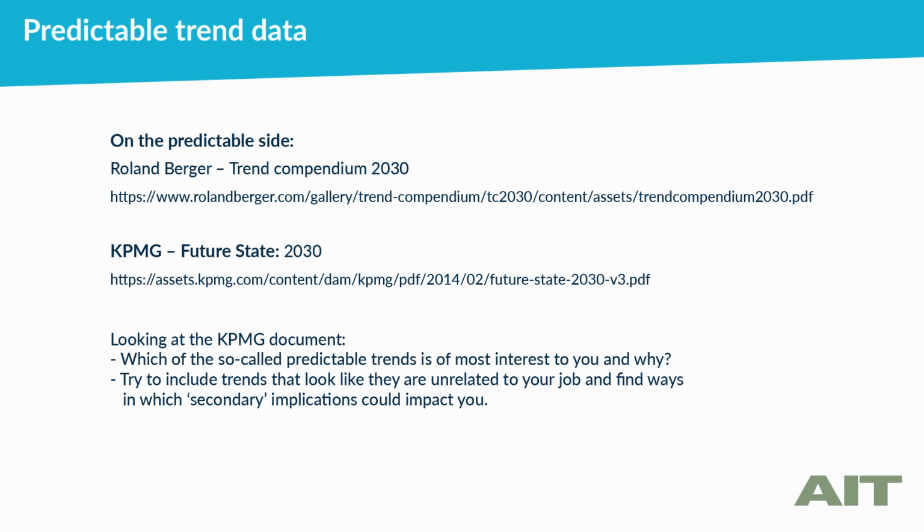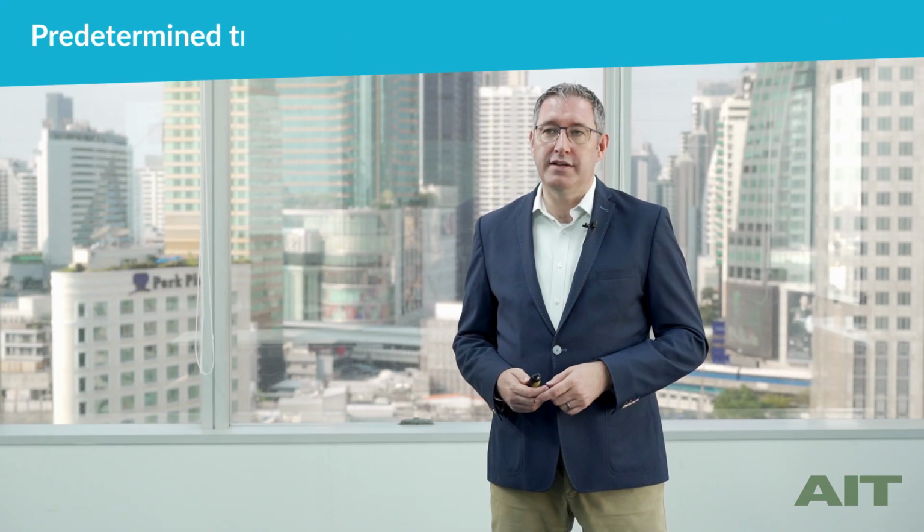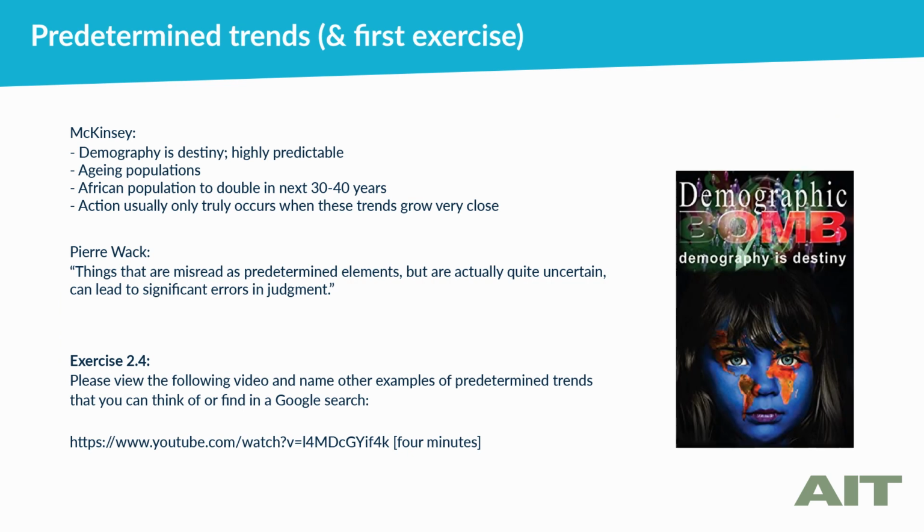So that's the first thing. The second thing within this exercise is to realize that things like demography are very, very predictable, that it's very easy to misclassify something as predictable or unpredictable, but I want you to try to attempt that.